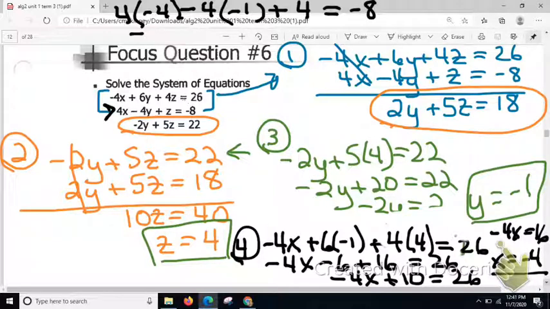So this is negative 16 plus 4 should equal negative 8. So does it? It does. So I'm satisfied with my answer. This is 5, me doing the check. In this case, step 5.